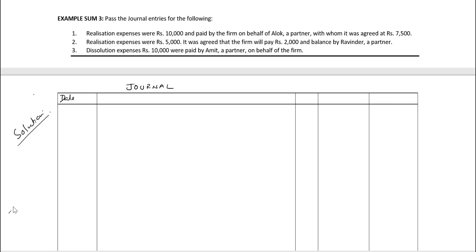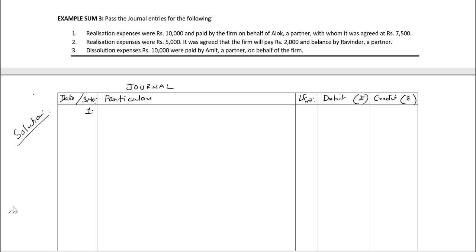Date / serial number. Particulars. LF number. Debit rupees and credit rupees.